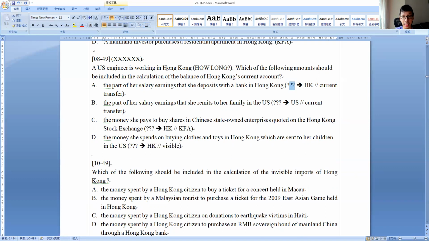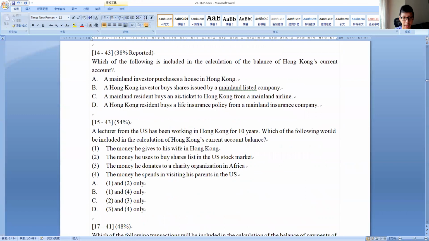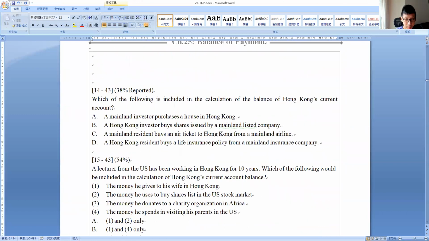EAA actually have indirectly admitted their own mistake. How do I know? Let's jump ahead. Let's skip ahead to the next page and look at this question.